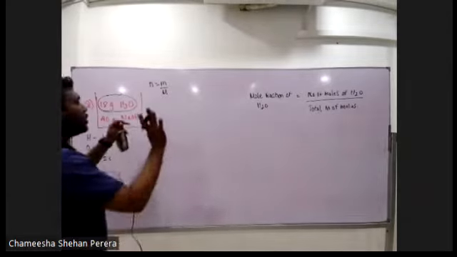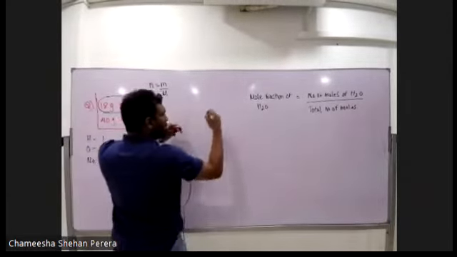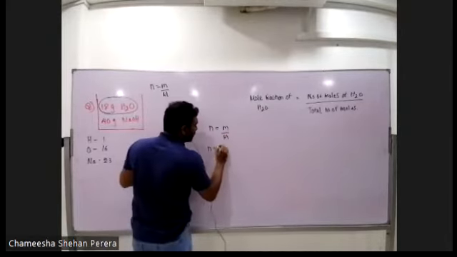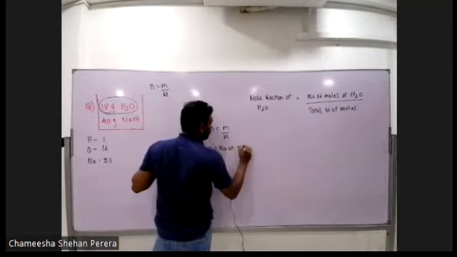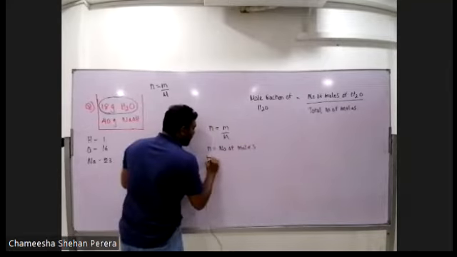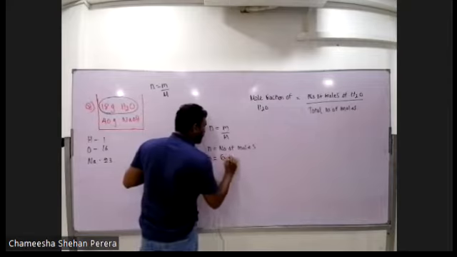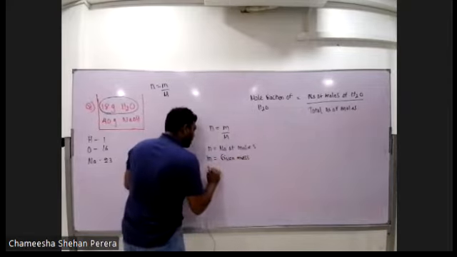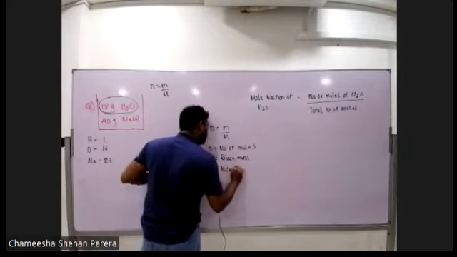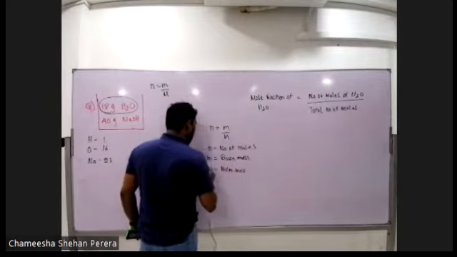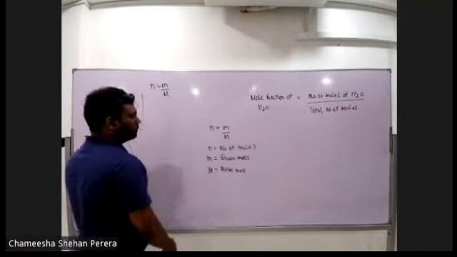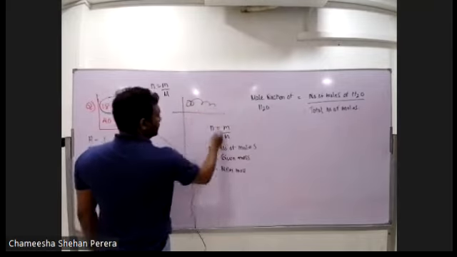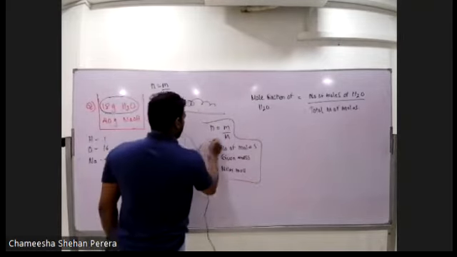Then you can write the equation somewhere in your book: n equals m over M. In this, n is the number of moles, simple m is the given mass, and capital M is the molar mass. Simply define it somewhere in your book, this whole thing.